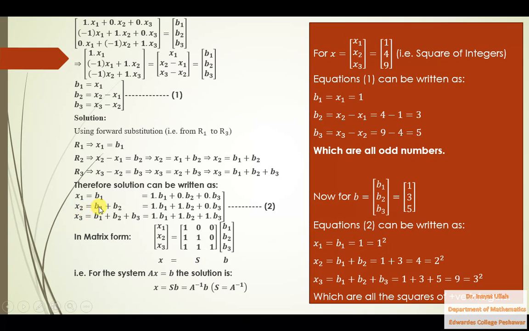Similarly, x2 is b1 plus b2, which is 1 plus 3, that is 4, and 4 is actually 2 square.